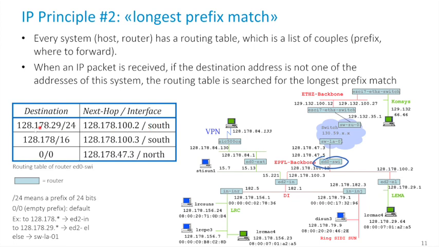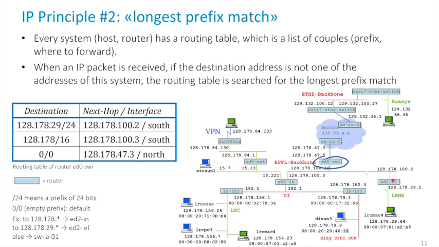So here it means any packet that has an IP destination address that matches this string here should go to the south interface. South interface is here, and should be going to whom? To this IP address. This IP address is this one here.